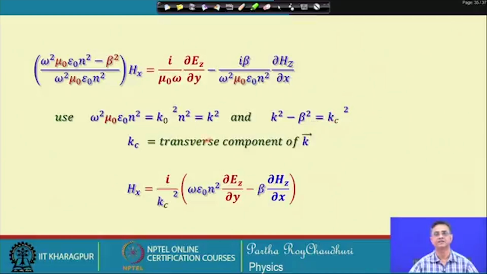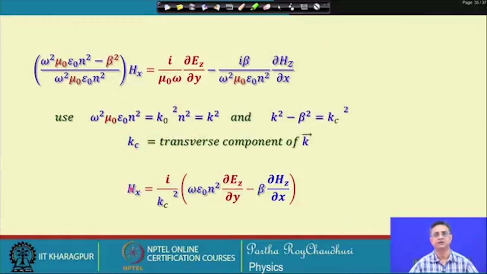This k c actually is the transverse component of the propagation vector, because beta is the z component and this is the total, which is equal to k x square plus k y square plus k z square, where k z is beta. So, k c square is nothing but k x square plus k y square. That is the transverse component of the propagation vector.